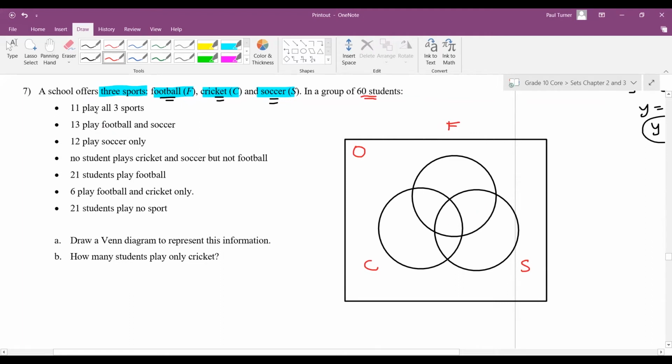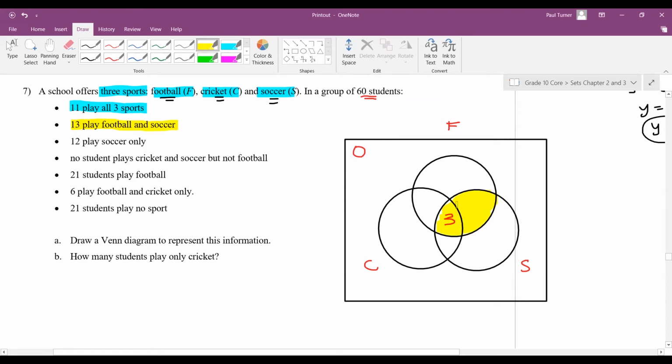Okay, so 11, we can start with this one though. 11 play all 3 sports. 11. So all 3 sports will be in the middle, isn't it? So put 11 in the middle. What about this one? 13 play football and soccer. Football and soccer is here, yes? And 13 goes in here, right?